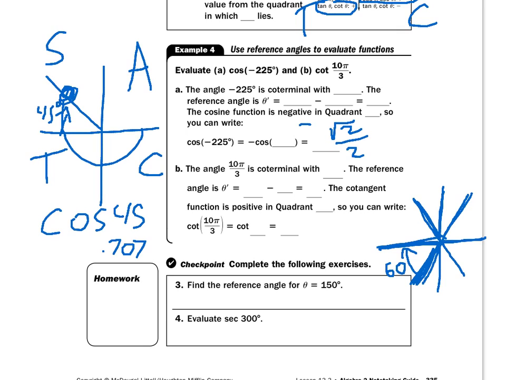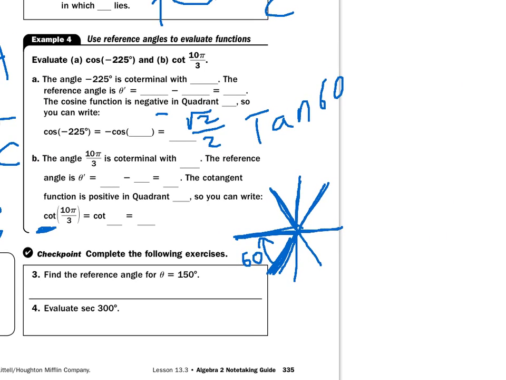Okay, so if I'm 60 degrees from the base, and when I'm dealing with cotangent, I like to talk about tangent. So if I'd say, what's the tangent of 60 degrees? They say you're supposed to memorize it. You know, what I say is, I don't know that I want to memorize that. But what I do memorize is that tangent of 60 degrees equals the sine of 60 over the cosine of 60, and I know I memorized those.